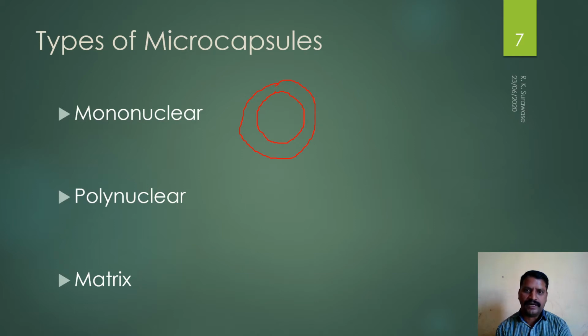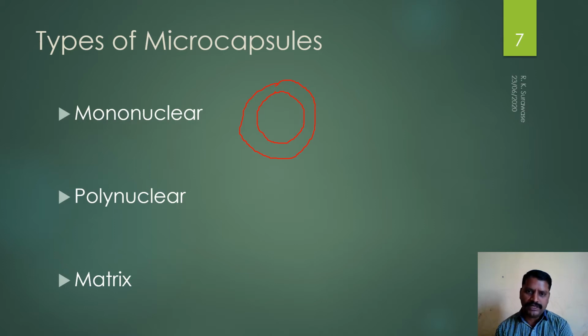For example, I want to formulate paracetamol microencapsulation, and the final product of this paracetamol will be a tablet. So a single molecule of the paracetamol gets encapsulated with the suitable coating material. This type of microcapsule is called mononuclear, means a single nucleus is there.